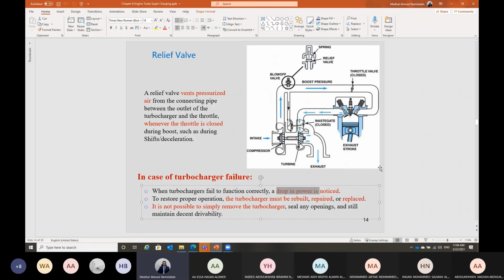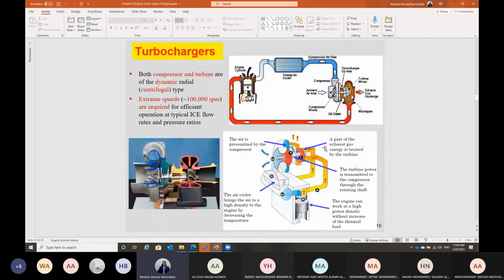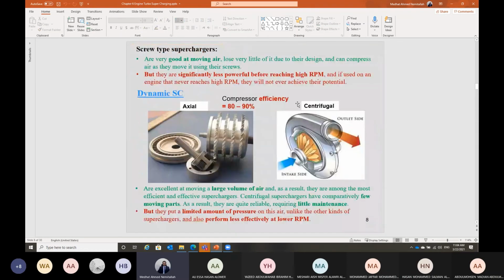Okay? And also, at lower RPM, if you have a car and you are driving within the city, you have lower RPM, and usually the car is moving at lower speed. So usually in this case, the effect of the turbo will be at a lower level. As you can see here, usually at lower RPM, the compressor will not have enough power to raise the pressure of the air.